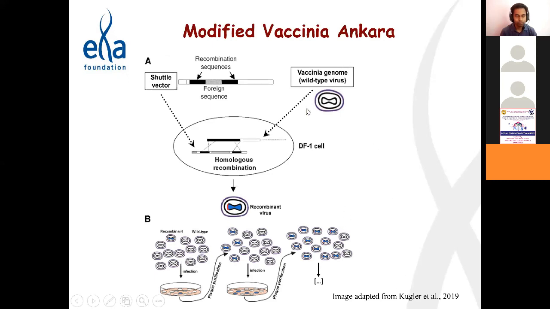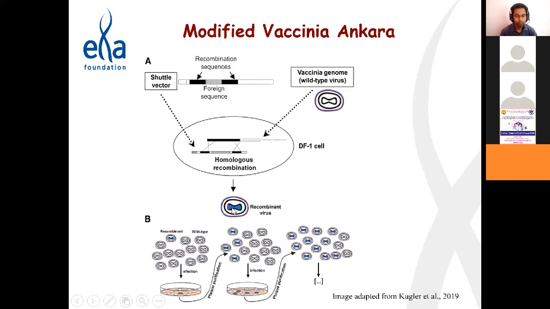You can see here wild type vaccinia virus infected in a duck cell line, EF1 cells, with a shuttle vector which has the foreign DNA sequence with homologous regions here in the black, and due to homologous recombination the recombinant virus can be generated.